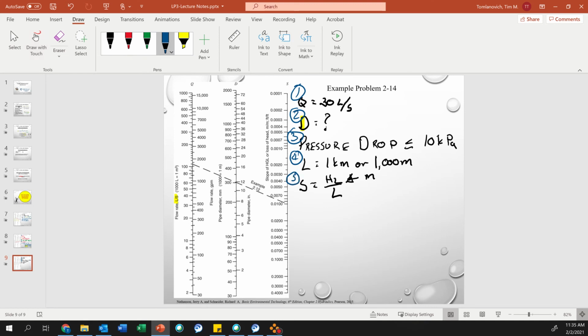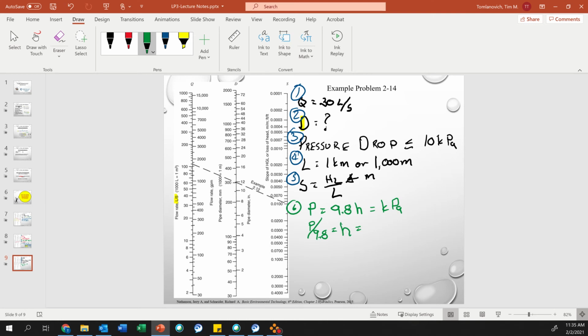All right, so we know P equals 9.8 times H, and that'll be in kPa, remember? So if I take P divided by 9.8, that'll give me my H.